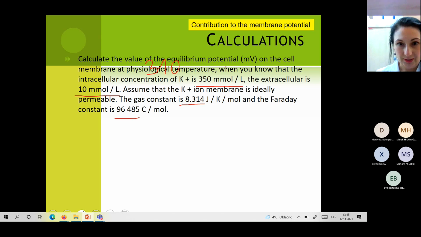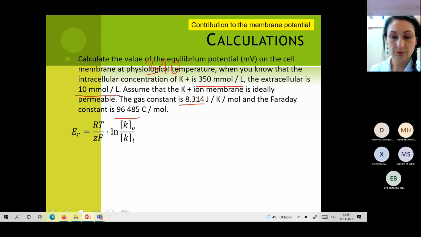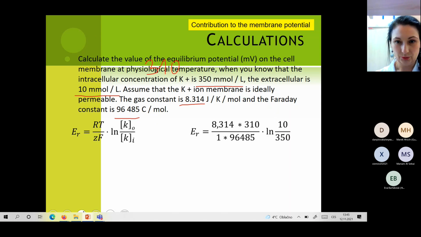There's only one thing that you have to remember. It's the formulation for the Nernst-Peters equation. So it's that one. So please take a paper and a pen and maybe follow my calculations. I think this is the best way to learn it. And now we will put just the numbers which we know into our equation. So the resting membrane potential is our unknown.